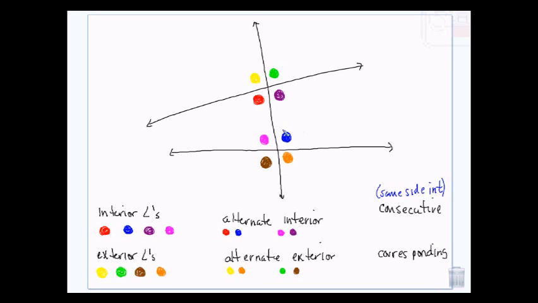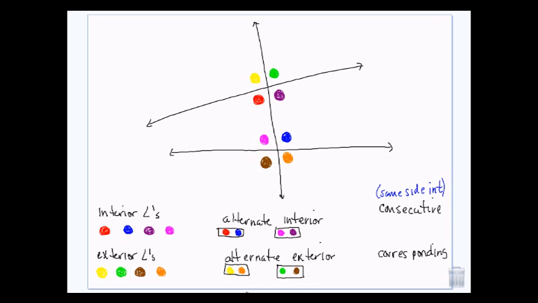Okay, alternate interior and alternate exterior. Red and blue make a pair of alternate interiors. So this is a pair. And pink and purple make a pair of alternate interiors. And then I have yellow and orange as alternate exterior, and green and brown.